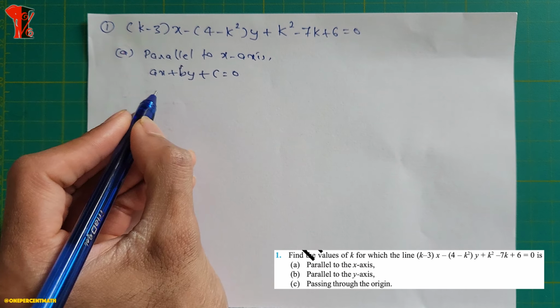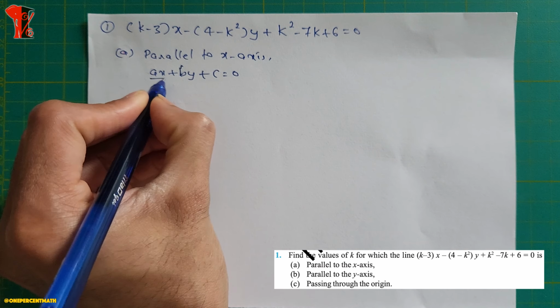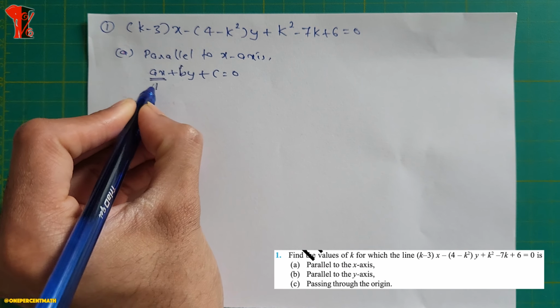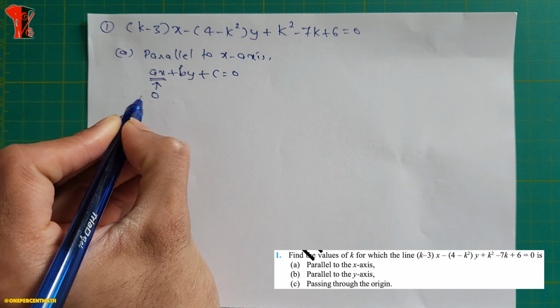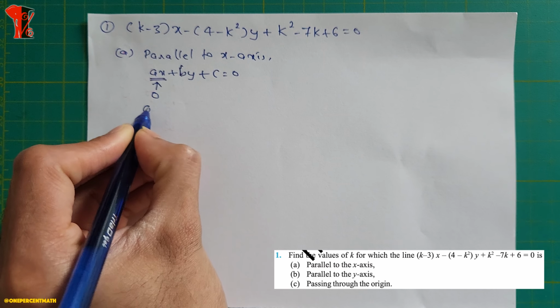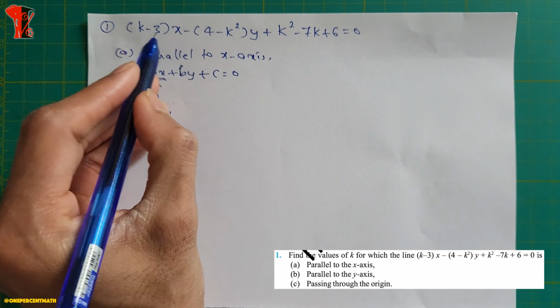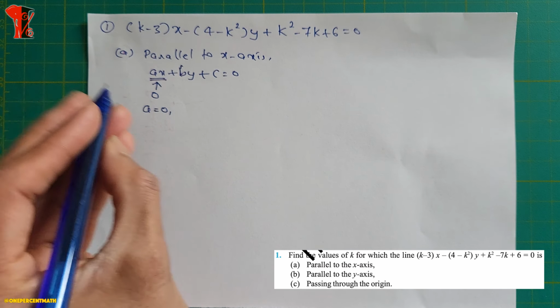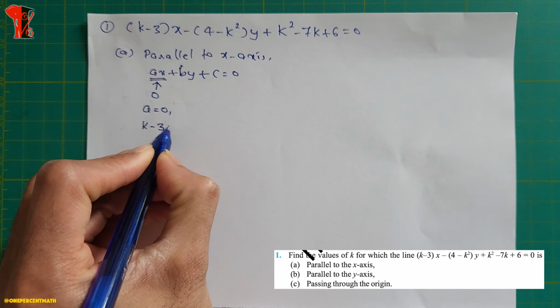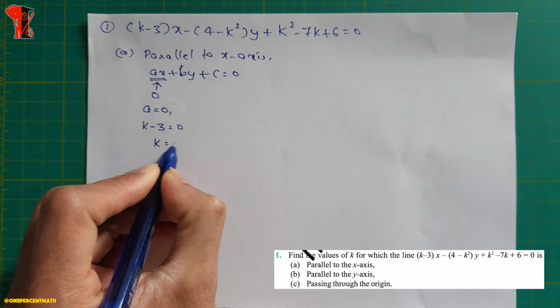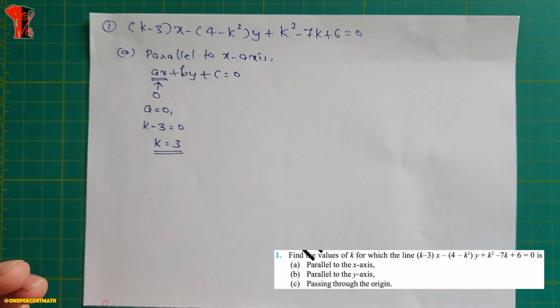If it is parallel to the x-axis, this particular part, the x term, should be equal to 0. That means a should be equal to 0. Here the coefficient of x is k minus 3, so k minus 3 is equal to 0. So k is equal to 3. That's for the first question.